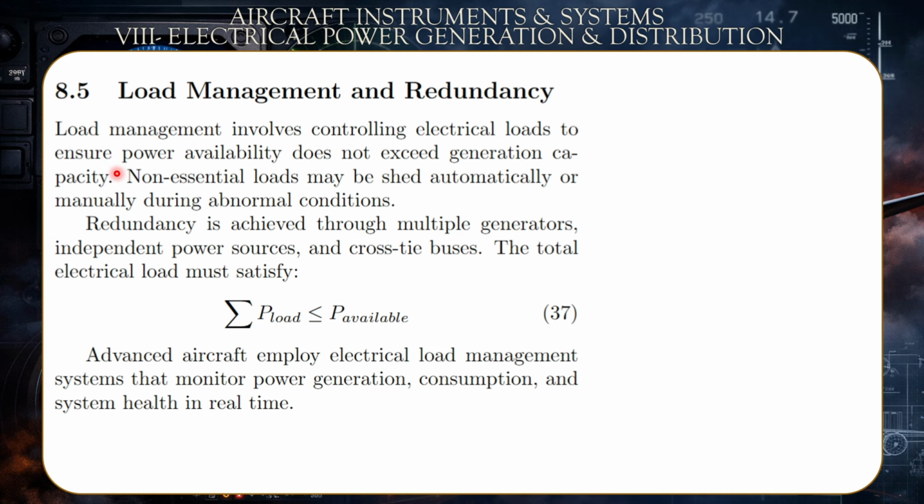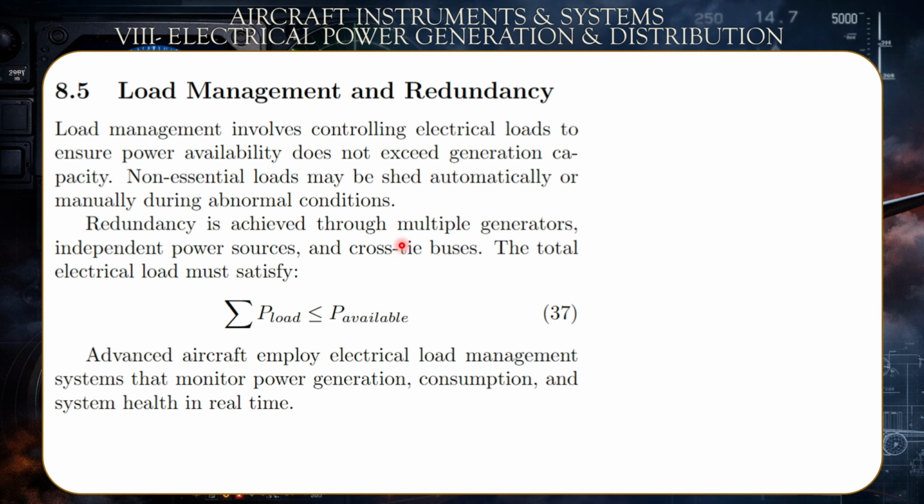So automatically, in order to avoid a problem with the alternator, like burning or frying or breaking it, non-essential loads would be shed, would have their own circuit breakers pop in order to drop them from the load array, or they can be manually shut down during abnormal conditions.